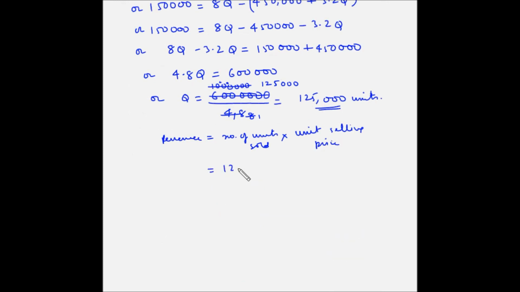So this is equal to 125,000 multiplied by 8. So this becomes $1 million per year should be the revenue in order to achieve a targeted net income of $105,000.